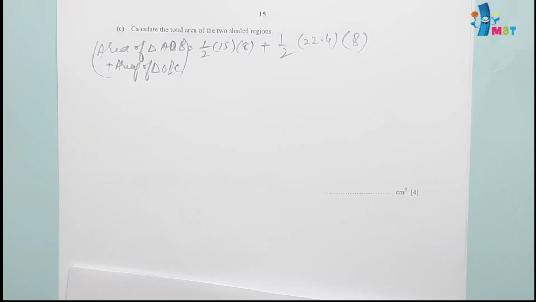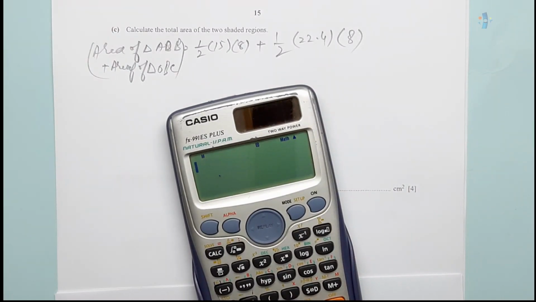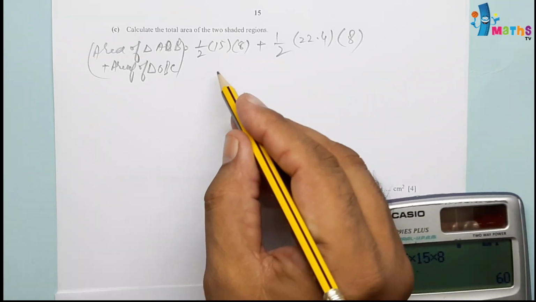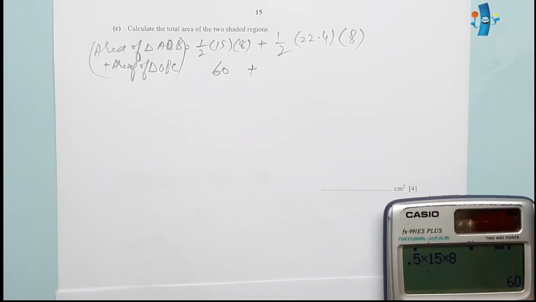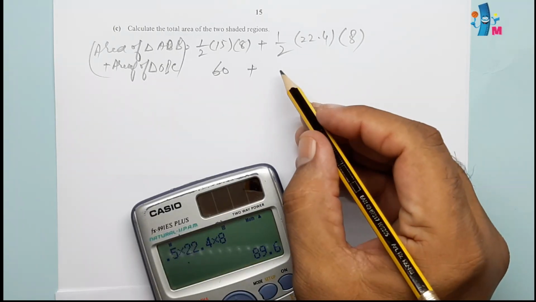So now we can calculate by the calculator. So 0.5 multiplied by 15 multiplied by 8 will be equal to 60. So this area is 60, plus this area will be 0.5 into 22.4 into 8, which will be equal to 89.6.